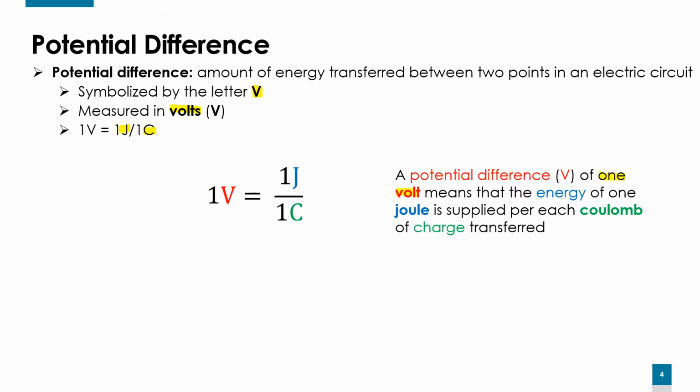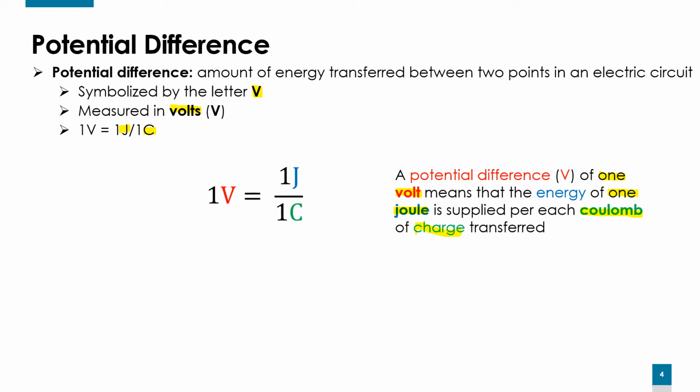So if I have just 1 volt, what does that mean? It means that 1 joule of energy has been supplied per each coulomb of charge that has been transferred. Okay, so if I transfer 1 coulomb of charge, I'm supplying this device with 1 joule of energy.